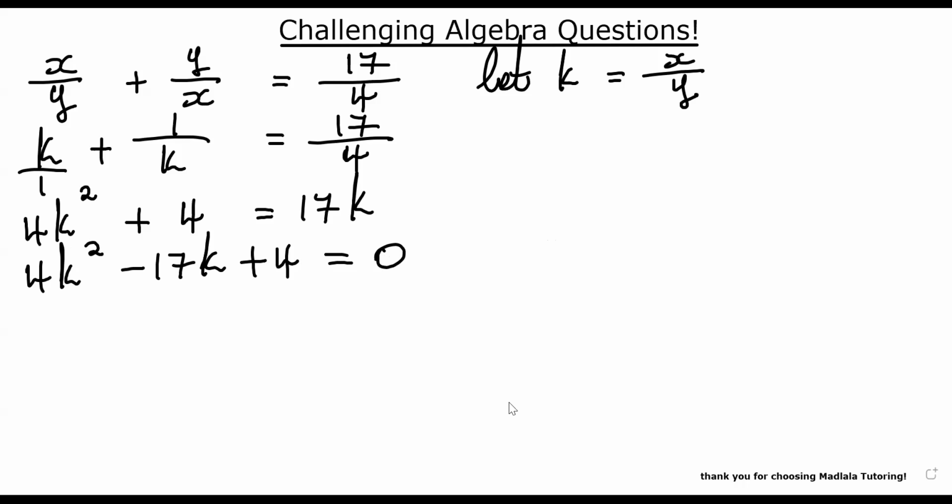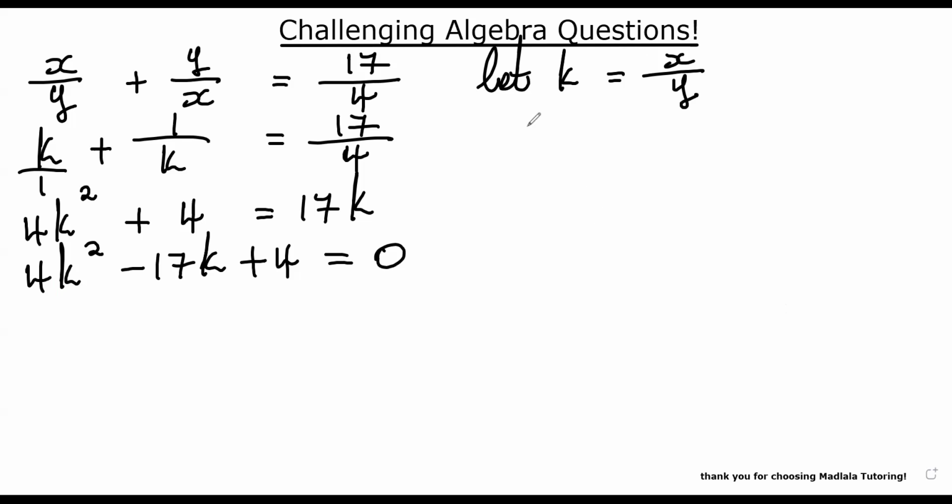Well, since we can see that we are dealing with an advanced quadratic equation, whereby the coefficient of k squared is not 1, and we can't divide throughout by the coefficient of k squared because it will result in fractions, right? So the question is, what is the easiest way out? Well, you can do it in one of two ways. You can use the quadratic formula, or you can factorize by using trial and error, right?